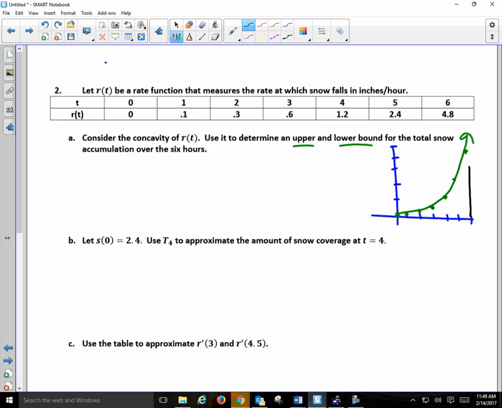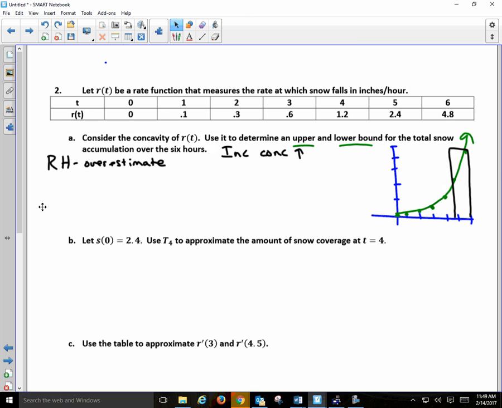If I draw a right-hand rectangle, is that an overestimate or an under? So right hand will give you an overestimate. So it's increasing and concave up. It's an increasing and concave up function, and in that situation it creates for us an overestimation.